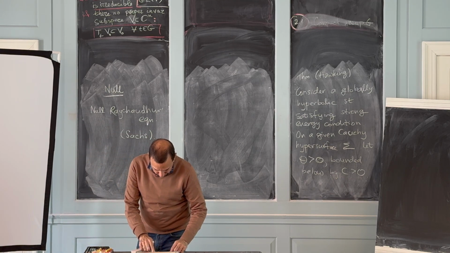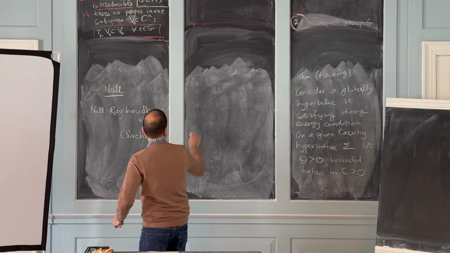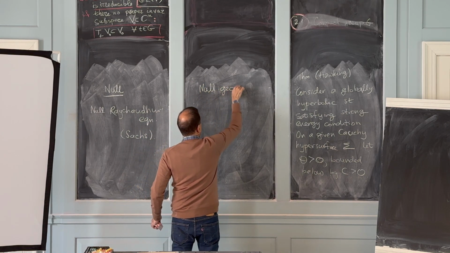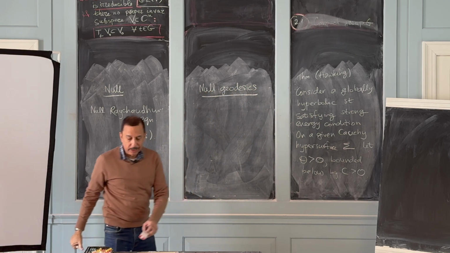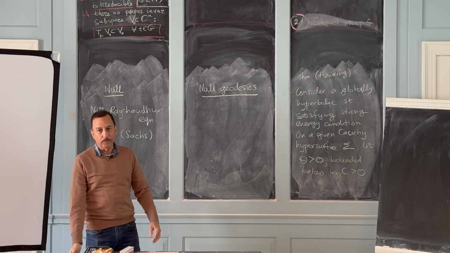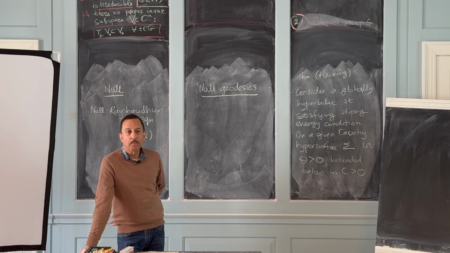Good. So now what can we say about this? And here we face one of the, so we'll start by talking about null geodesics. And here we face a difficulty that's really conceptual, physical, and very beautiful, which is how do you compare one geodesic to another?